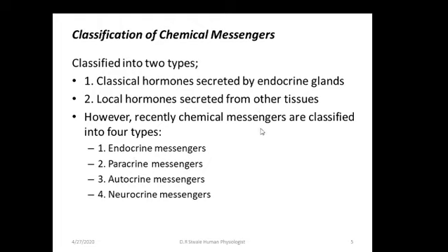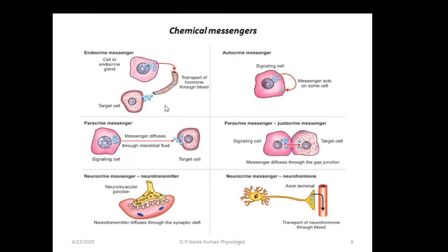But recent chemical messengers are classified into four types: the endocrine messengers, paracrine messengers, autocrine messengers, and neurocrine messengers. Okay, so these can be defined using a diagram here.